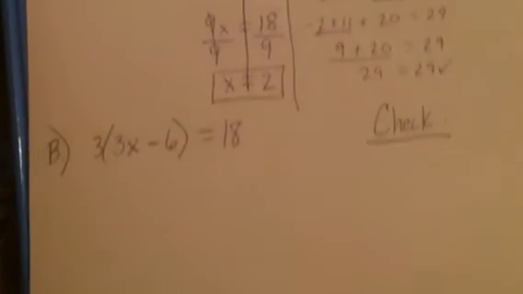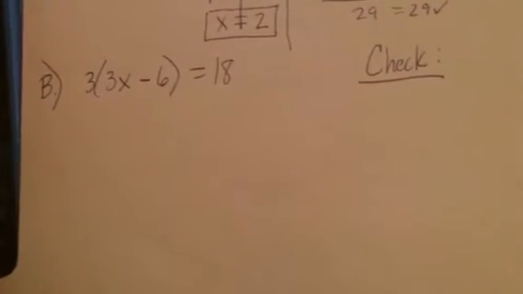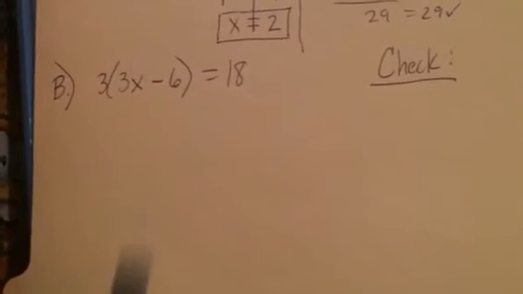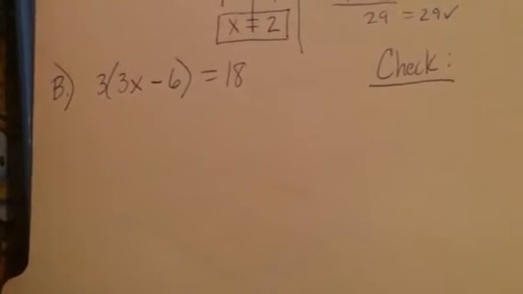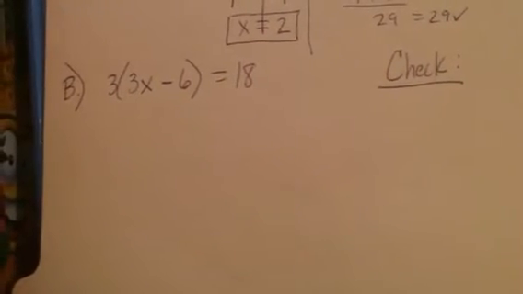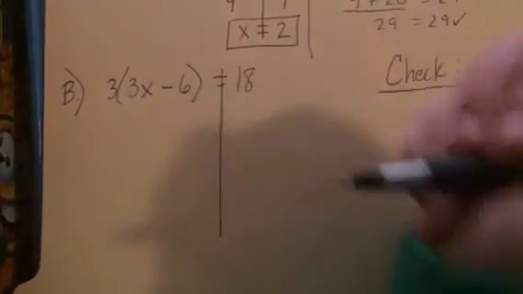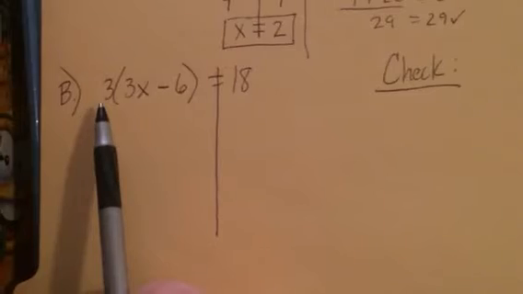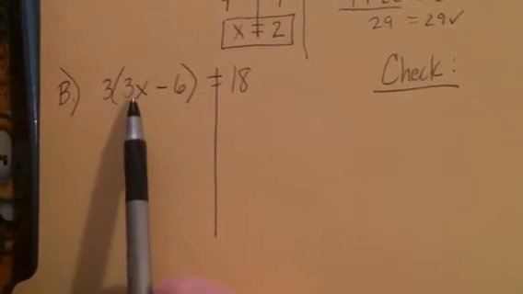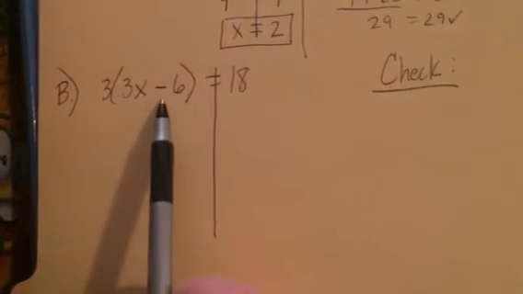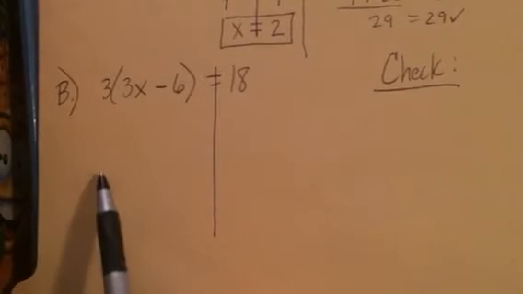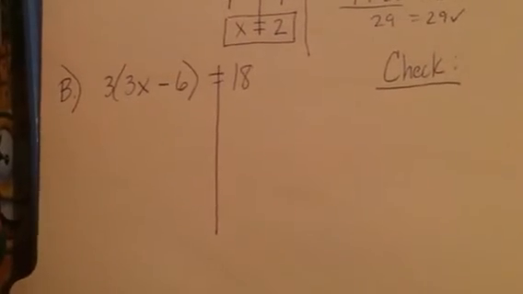The next problem is a little different. We do have to distribute first, and then once we distribute, we will have this expression on the left side completely simplified. So something that helps you get the answer right, remember, identify your signs. This is a positive 3, positive 3x, and that's a negative 6 technically. So when you multiply, you have to take that into account.